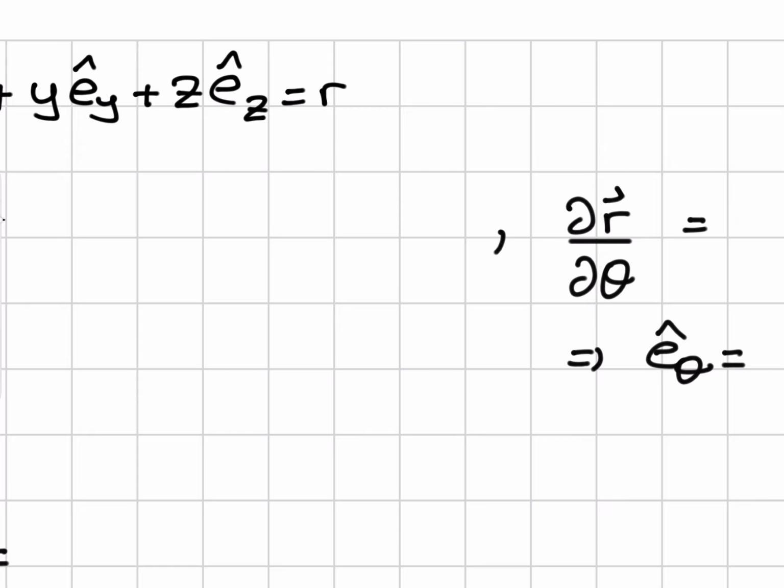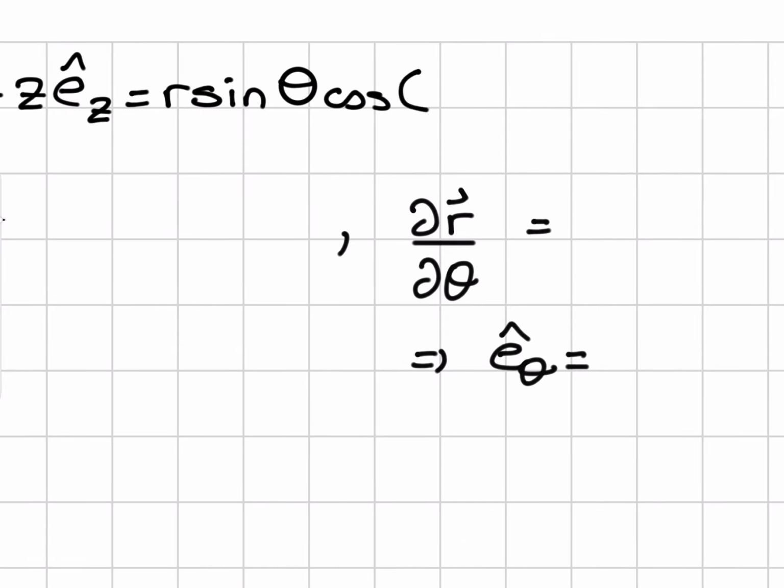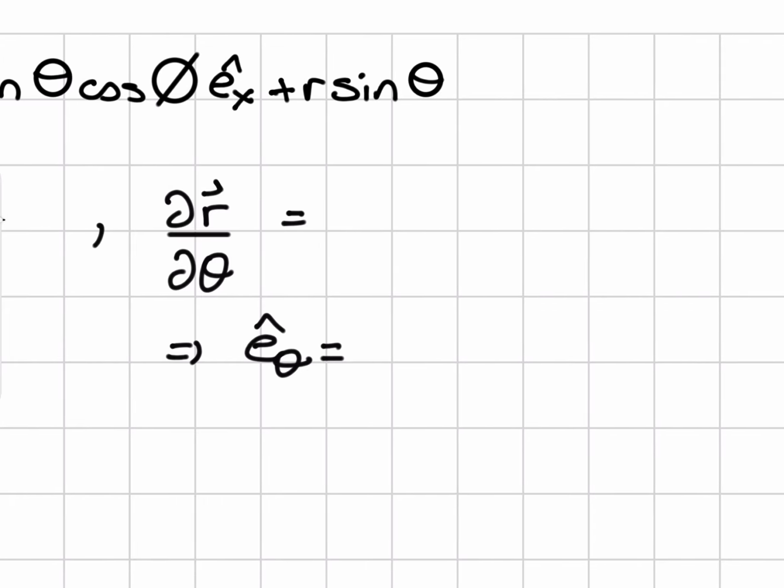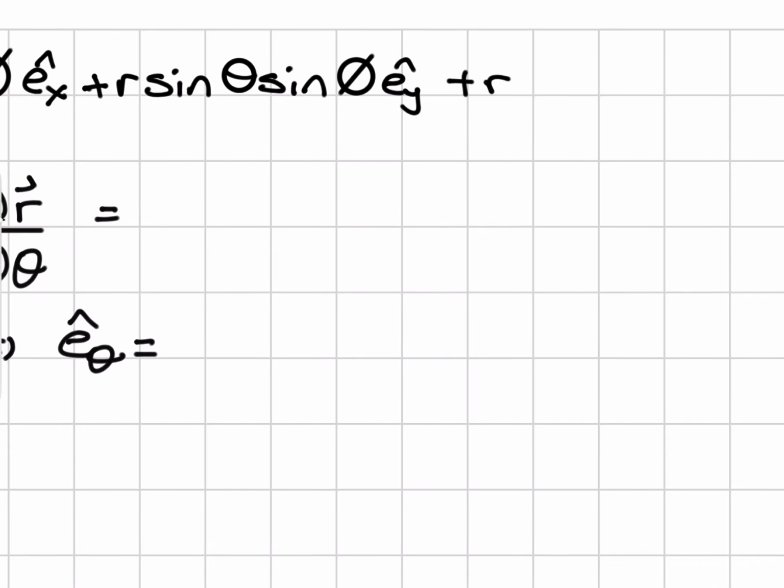X is r sine theta cosine phi in ex hat direction, plus y is r sine theta, this time sine phi, in ey hat direction, and then we have r cosine theta in ez hat direction.